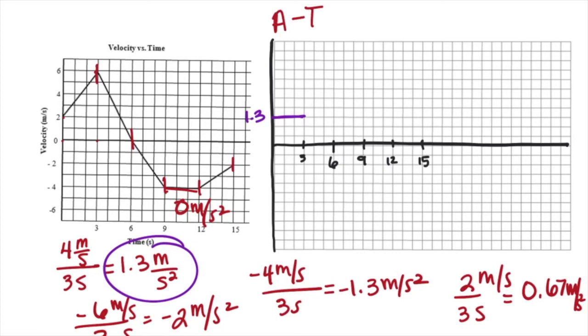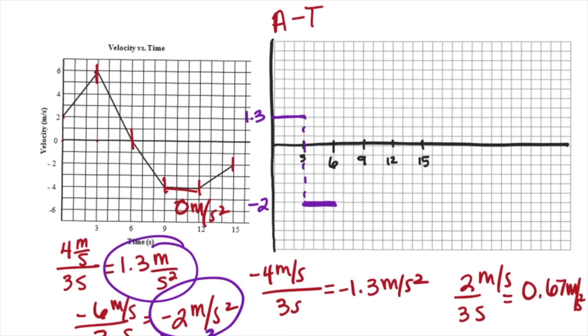Then for the next 3 seconds, my slope was -2. So I'm going to have a line down here at -2, and my y-axis isn't perfectly to scale because I'm doing this on a small iPad screen instead of on paper, but you get the idea. I'm going to connect these with a dashed line.